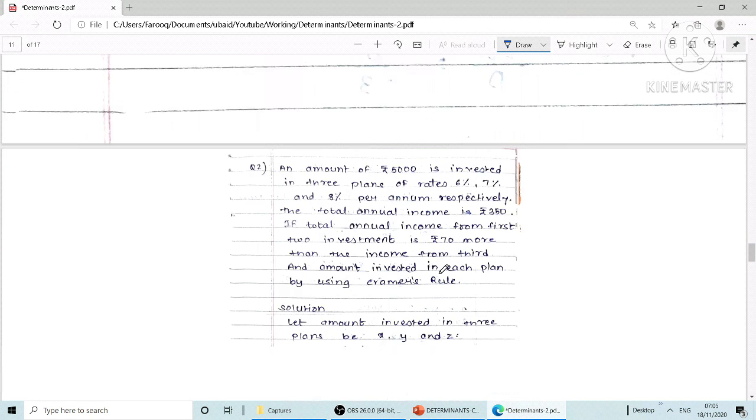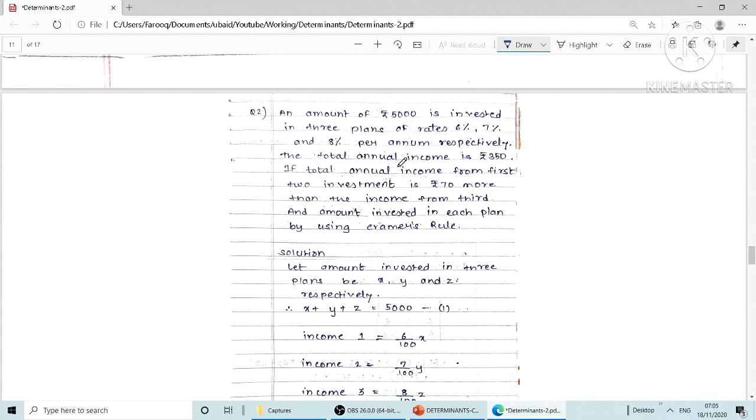Then what they have said here: if the total annual income from the first two investments is rupees 70 more than the income from the third investment. So what is our total annual income from the first two investments? We will take it as 6 upon 100 x plus 7 upon 100 y.